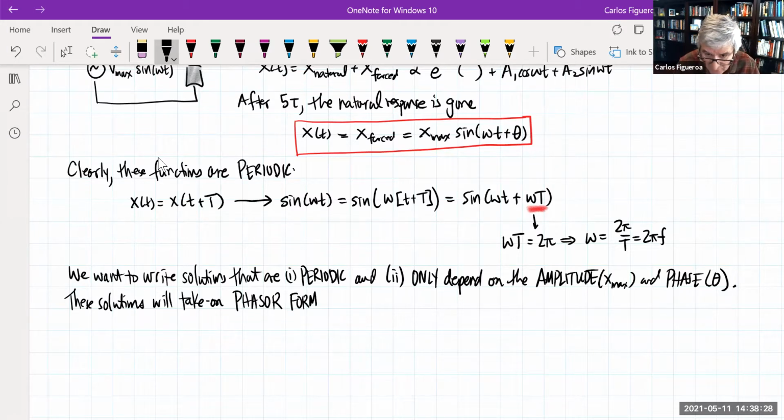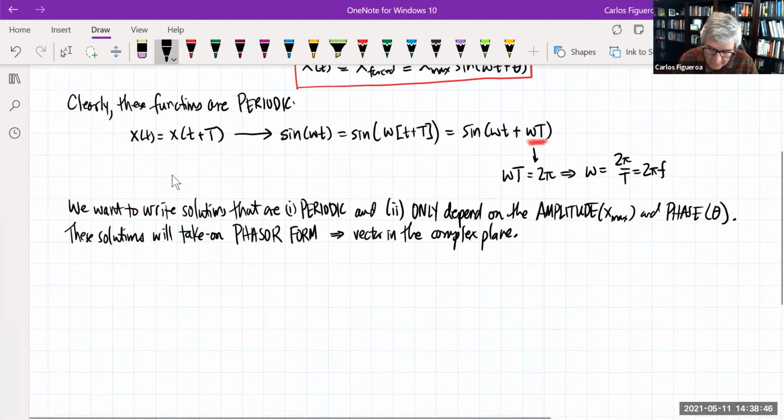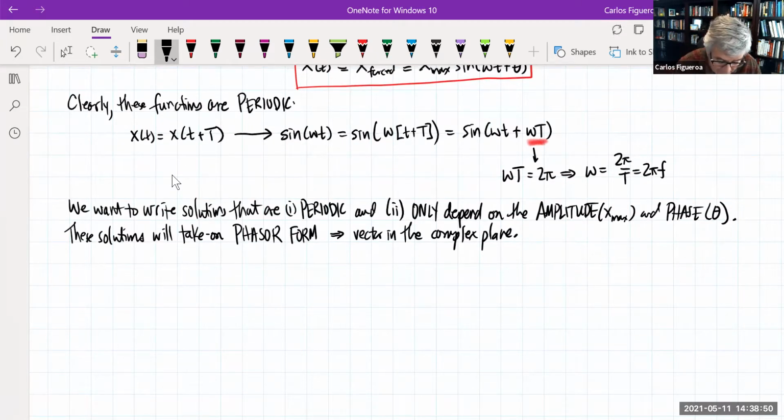What does phasor form mean? It means this here. A phasor is a vector in the complex plane. So since we're talking about waves, let's make a simple definition.